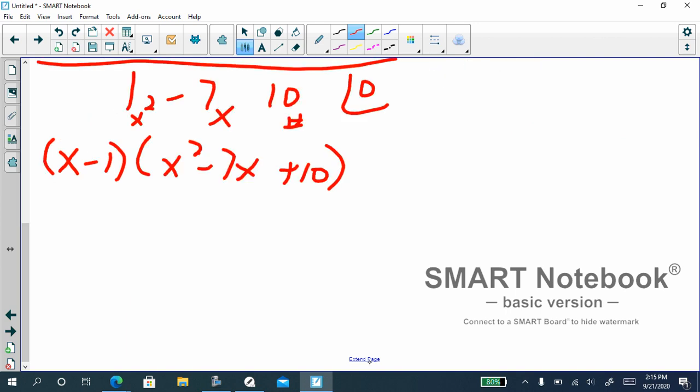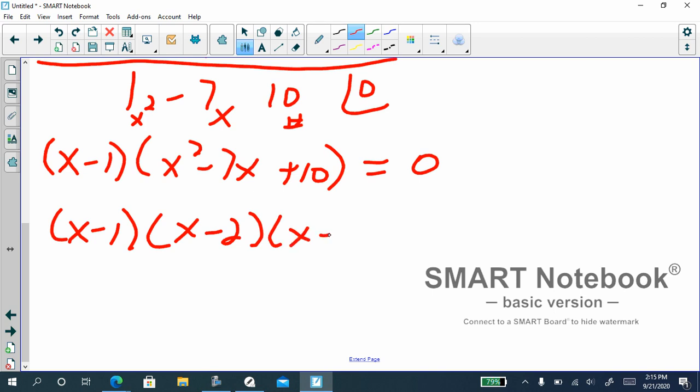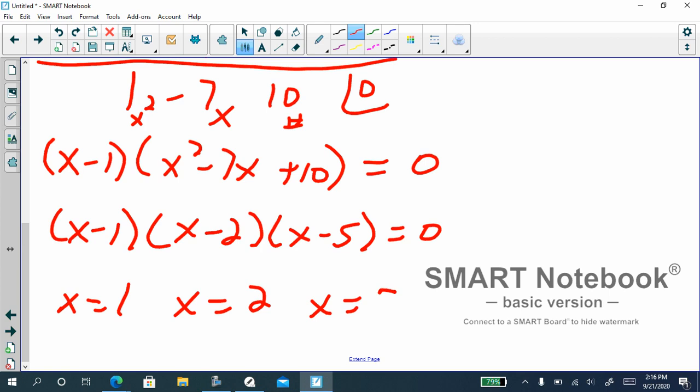So that's the left side of our equation, the other side is 0. We're looking for what makes our equation equal to 0. All right, we can factor the quadratic as x minus 2, x minus 5. And then if we set each factor equal to 0, we get 1, we get 2, and we get 5.